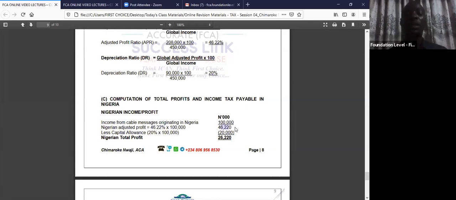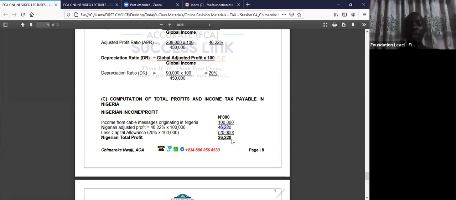You get 46,220. Then your depreciation is 20%. Use it to multiply your income. It's going to be 20,000. So all you need to do is 46,220 minus 20,000. Your total profit is 26,220.